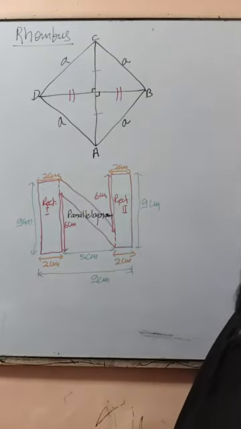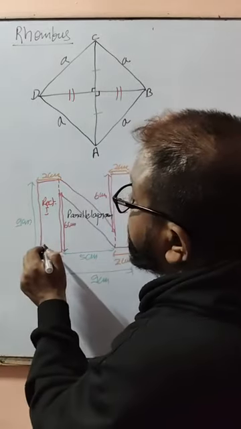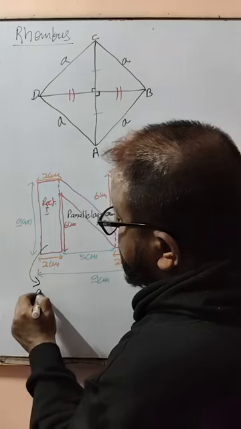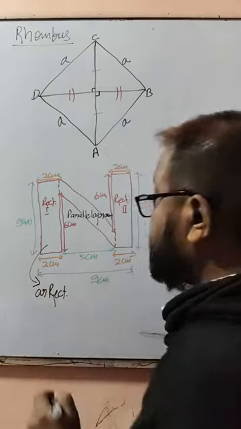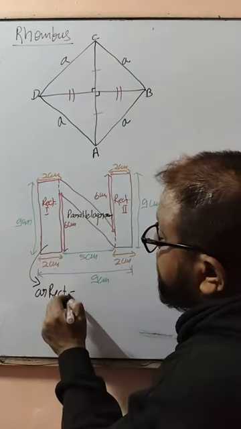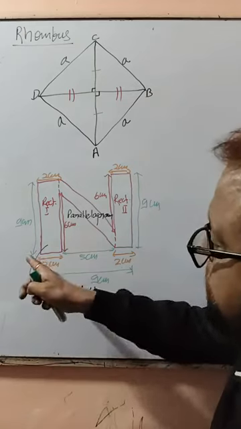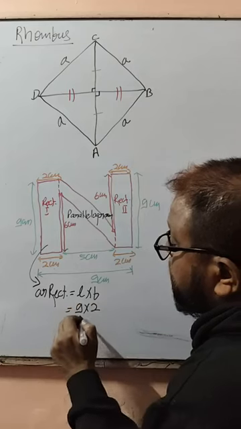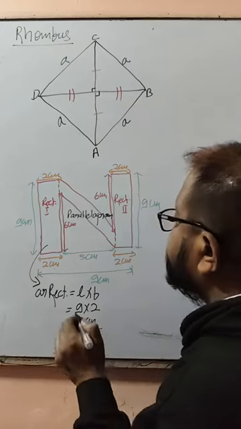Now, right? So, area of rectangle is equal to length into breadth. That is how much? 9 into 2 becomes 18 centimeter square.